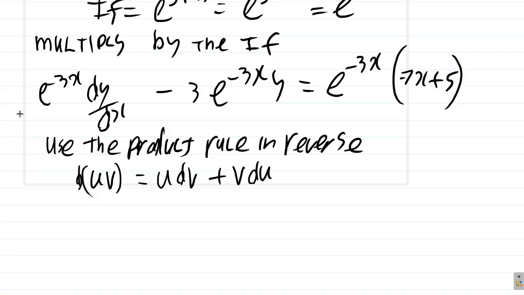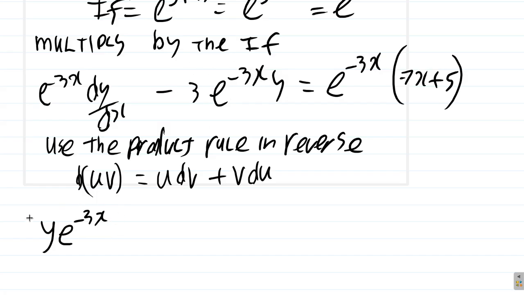Now you have to look for the two products here. In this case, what did you hold and what did you differentiate? Seems like you held e to negative 3x and differentiated y. Look at this. Consider the same thing. You held y and differentiated e to the negative 3x, and you get negative 3e to the negative 3x.